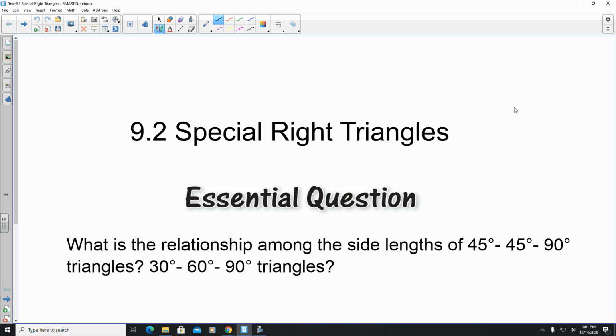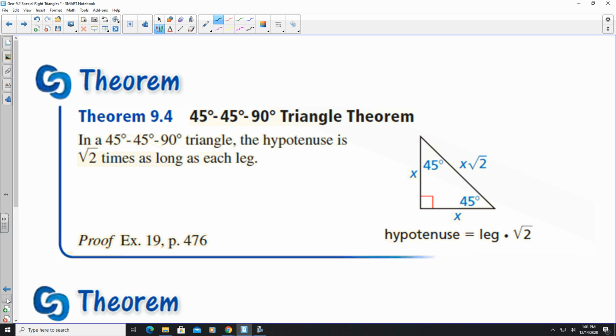There are two types of special right triangles: right triangles that consist of 45, 45, 90 degrees, and another special triangle that has 30, 60, 90. Because they have those angle measurements, we can use that to formulate some values with respect to their side measurements.